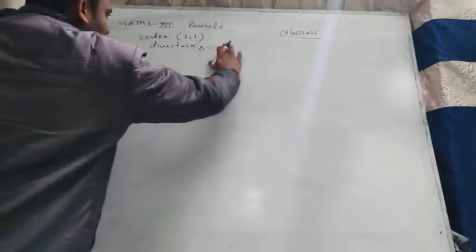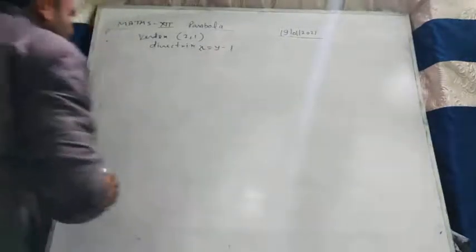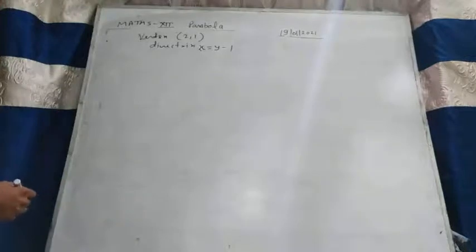Okay student, so this is minus 1. We have to find the equation of the parabola.